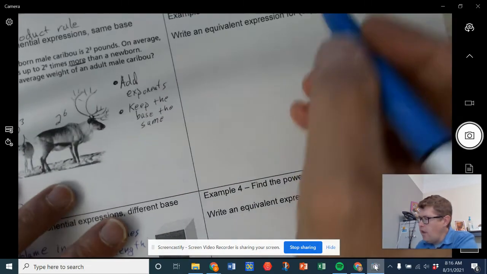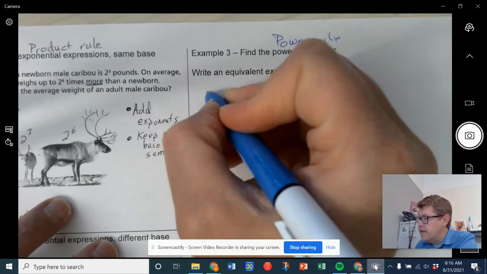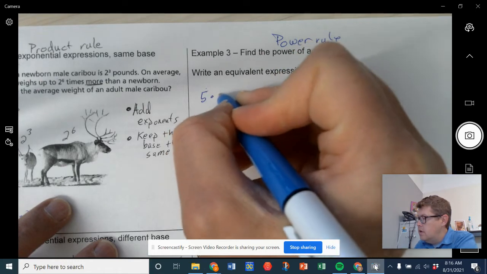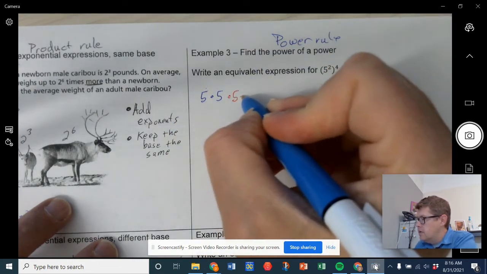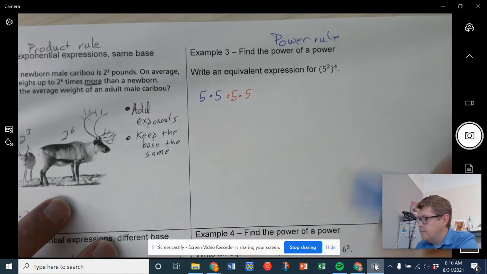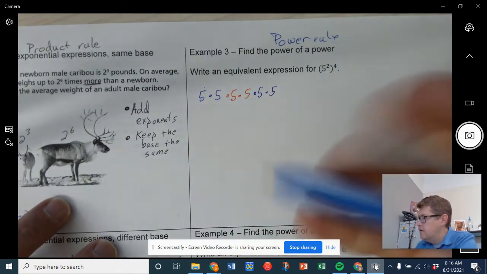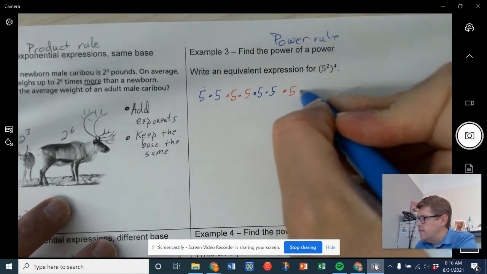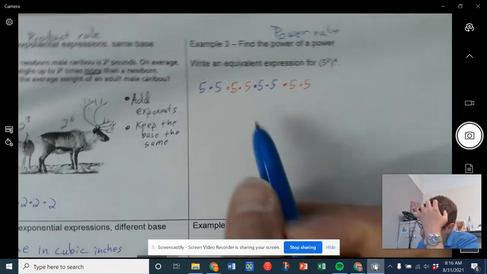Okay. So 5 squared means I have 2 5s multiplied together, 5 times 5, and then I have 4 groups of that, right? So times 5 times 5, times 5 times 5, times 5 times 5.